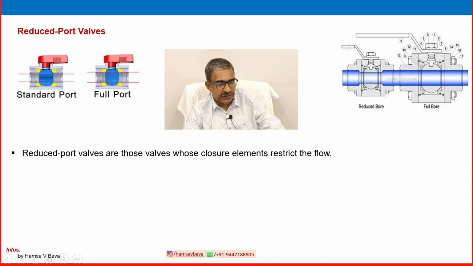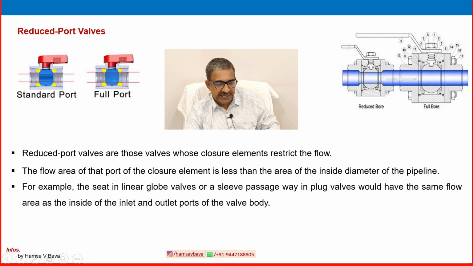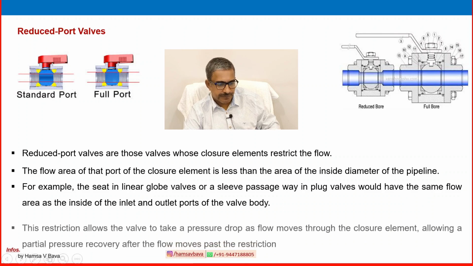Reduced port valves are those valves whose closer element restricts the flow. The flow area of the port of the closer element is less than the area of the inside diameter of the pipeline. For example, the seat in a linear globe valve or a sleeve passage in a plug valve would have a smaller flow area than the inlet or outlet port of the valve body.